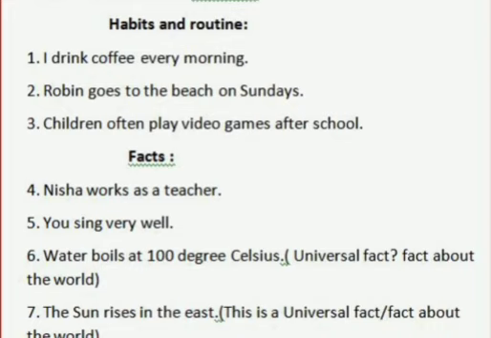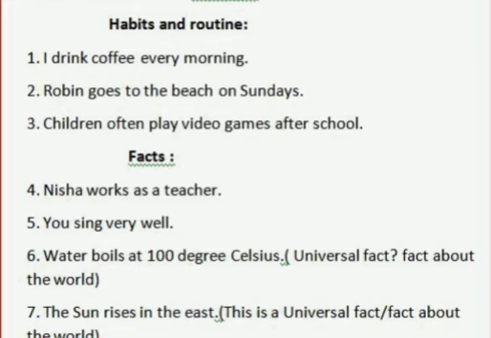For example, I drink coffee every morning. That is my usual habit. Okay. Next is Robin. Robin is a person who goes to the beach on Sundays. So he goes to the beach on Sundays means every Sunday he goes to the beach. See, here we added es. Go is a verb and we added es.